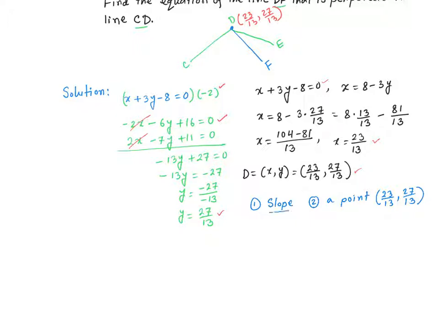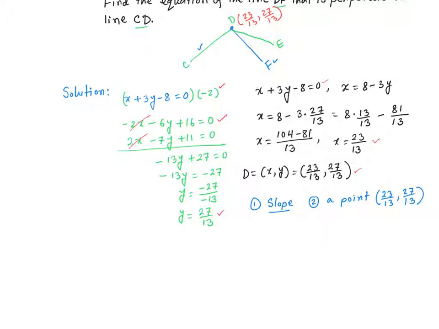However, we don't have the slope. But the problem has given us enough information to find the slope of the desired line. We can find the slope of the given line CD, and we know that the line DF is perpendicular to the line CD. So once we know the slope of CD, we can find the slope of DF by considering the negative reciprocal of the slope of line CD.